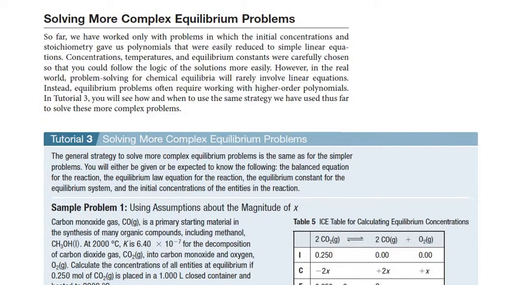However, in the real world, problem solving for chemical equilibrium will rarely involve linear equations. Instead, equilibrium problems often require working with higher order polynomials. In tutorial 3, you will see how and when to use the same strategy we have used thus far to solve these more complex problems. So let's see some examples.